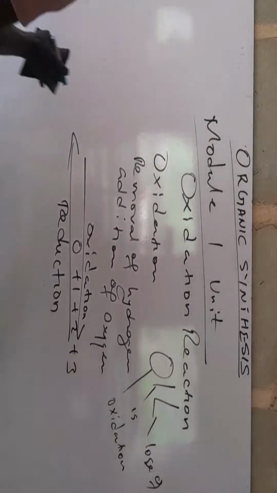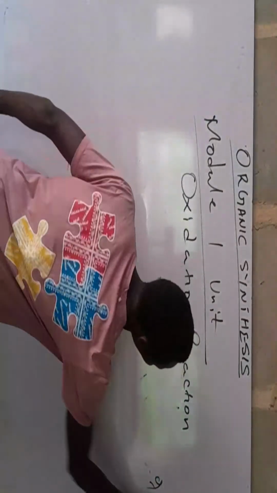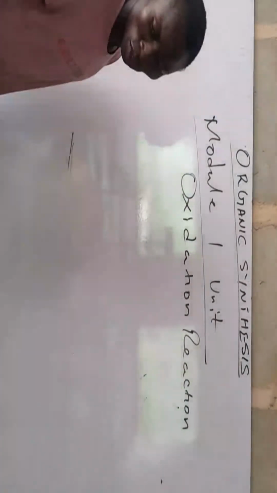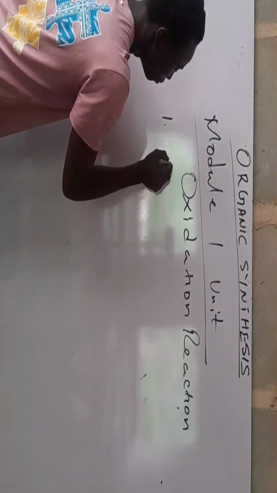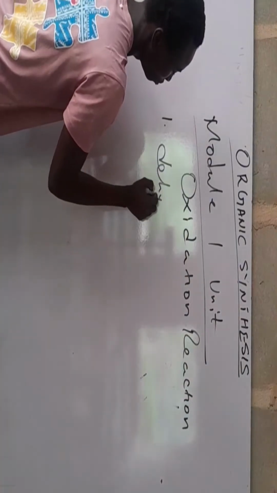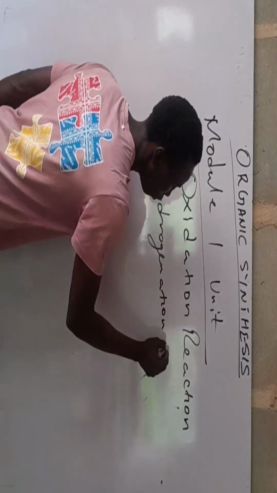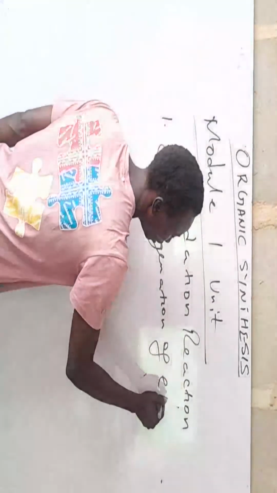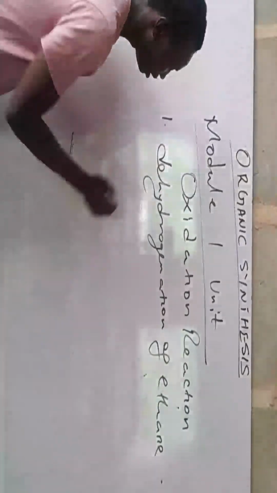Take for example, all those processes involving oxidation as used in this course. Number one, where we have dehydrogenation of ethane.